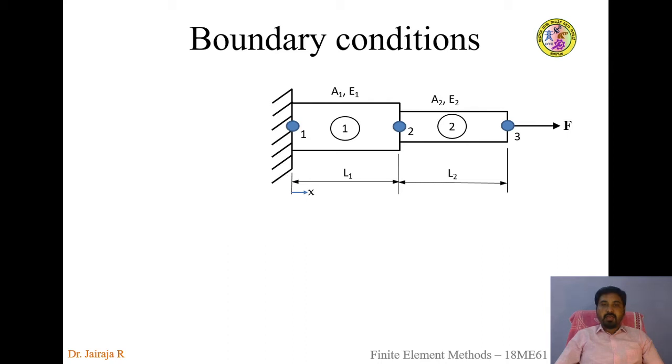For example, if I constrain node 1 and apply the load at node 3, I can solve this using hand calculations or run it in any software. I can get U2 and U3, the displacements at node 2 and node 3, and U1 should be 0 since node 1 is fully constrained.